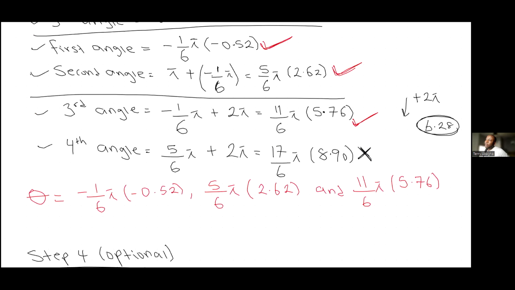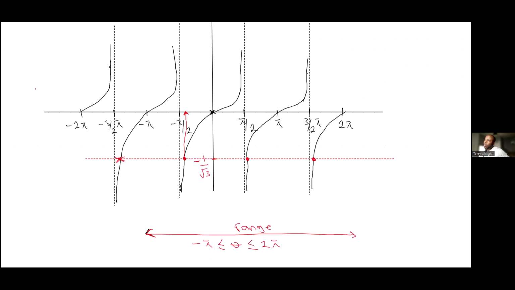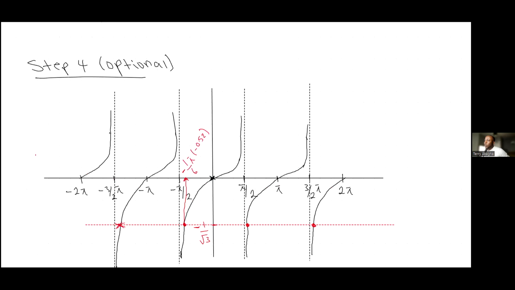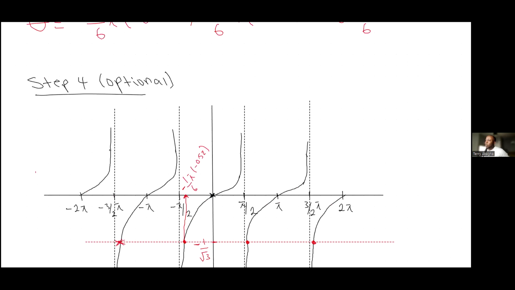So this point here is minus 1 over 6 pi, or you can say minus 0.52, which I believe we said was minus 0.52, right? Yes. Now, the other solutions we're going to get, you're going to get one at this point here, and another one at this point here, okay?